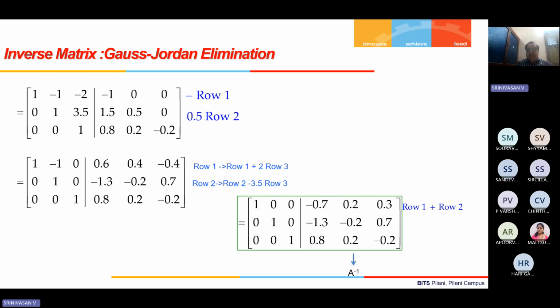Now look at this. What's happening here? What we have arrived at now is the augmented matrix, I, and some matrix, and that is the required inverse matrix.